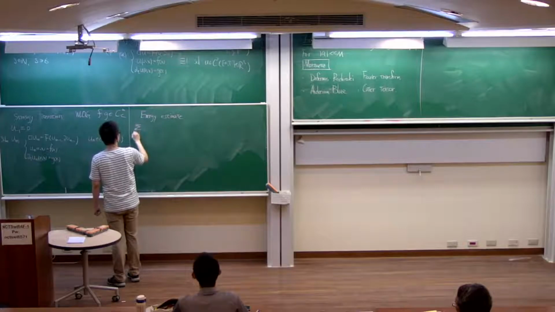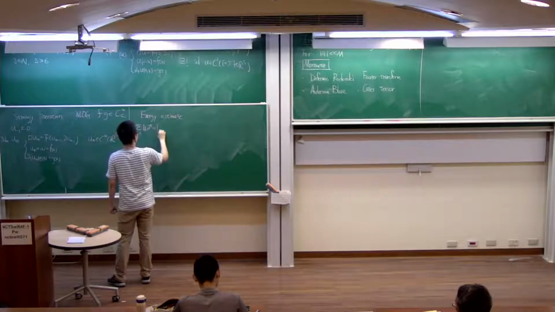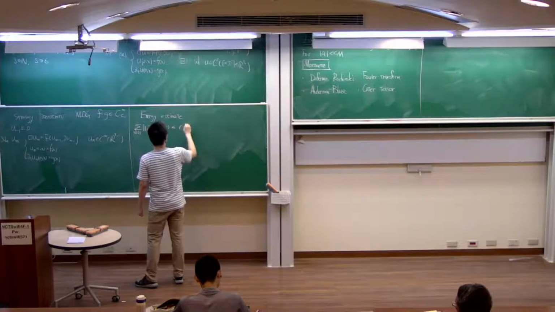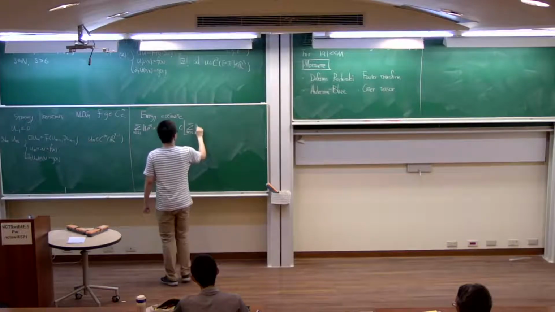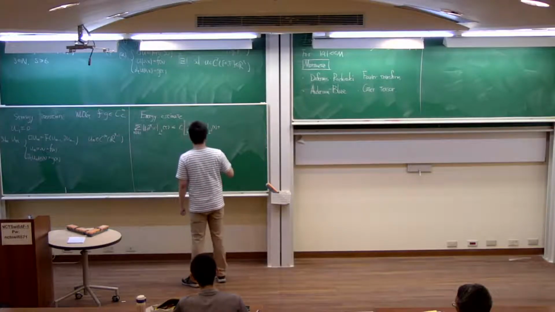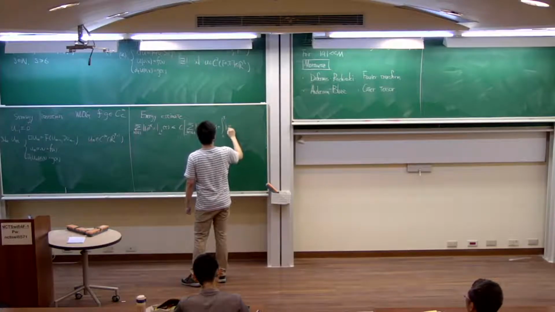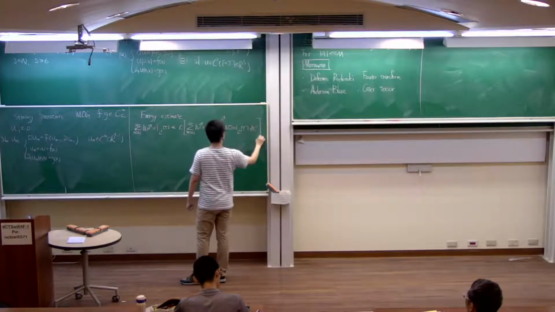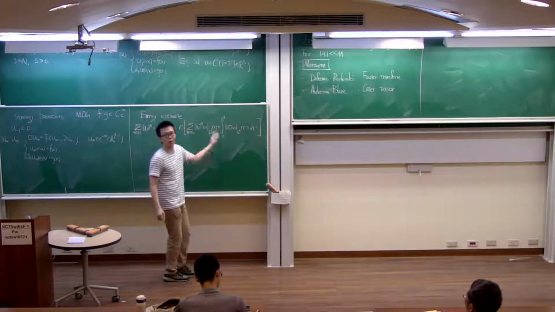That is, the sum over alpha less or equal to 1 of the L2 norm of partial alpha u at time t is bounded by a constant times the sum over alpha less or equal to 1 of the L2 norm of partial alpha u at time 0, plus the integral from 0 to t of the L2 norm of box u at time t prime, dt prime. And this holds for any smooth function.